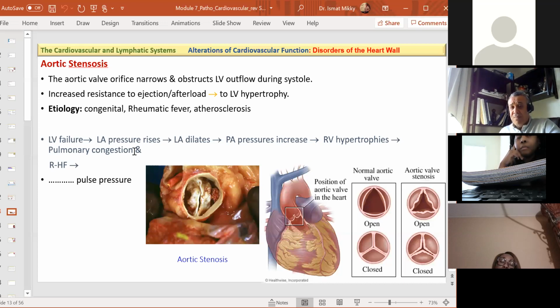So the pulse pressure in patients with aortic regurgitation will exceed 40. The hallmark manifestations of patients with aortic stenosis will be syncope, chest pain, angina, and the eventual long-term heart failure. These are the three things that are included as hallmark manifestations of aortic stenosis.